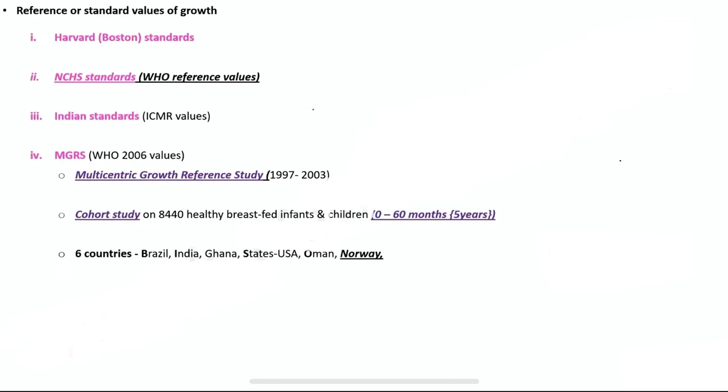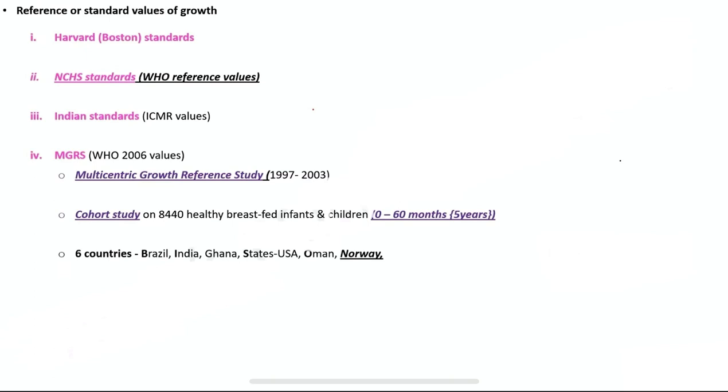So these were the standards. We see that they were using these standard values for growth. What are the 3 main standard values? They are Harvard and Boston values, NCHS standards, where the World Health Organization reference values are used, and Indian standards under the ICMR values.